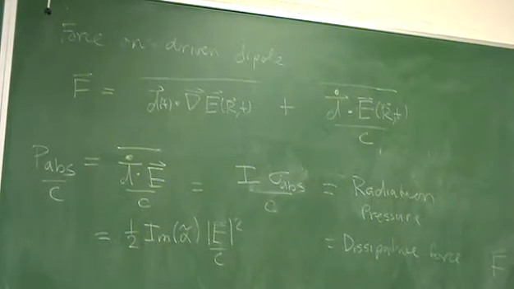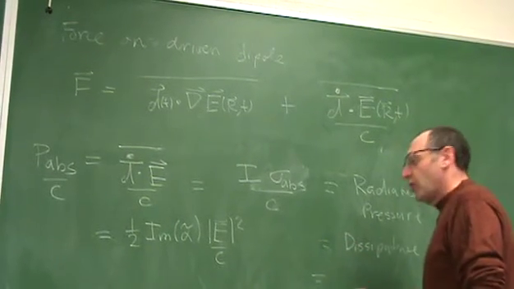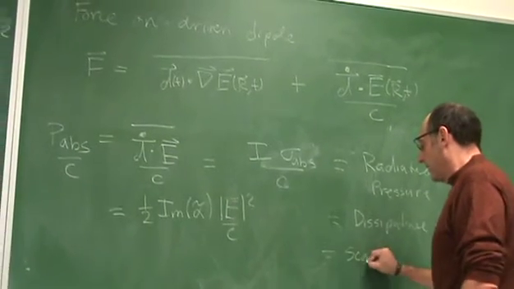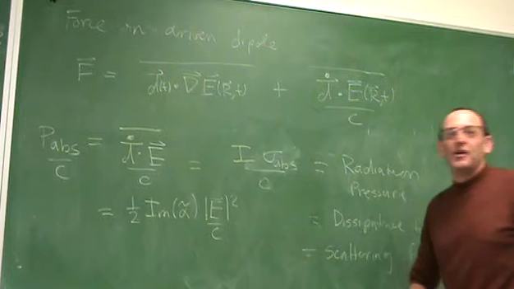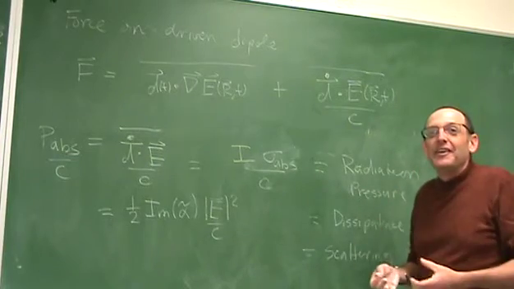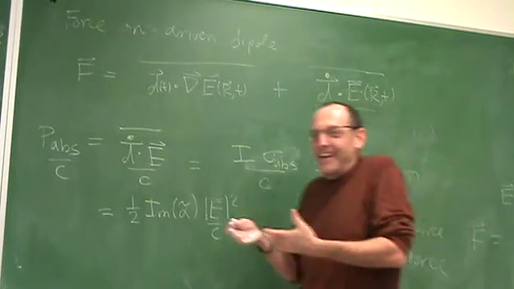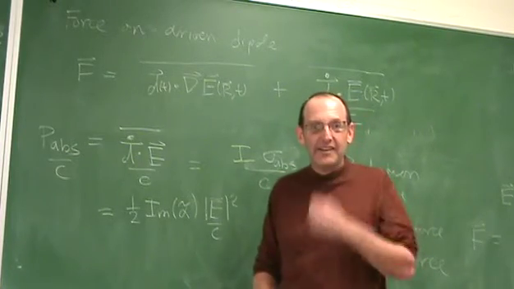There's yet one other way that this is called, and the most typical way you'll hear it called: the scattering force. Why? Because as we discussed, in the context of the atom, no light is truly absorbed and goes away, it's scattered.